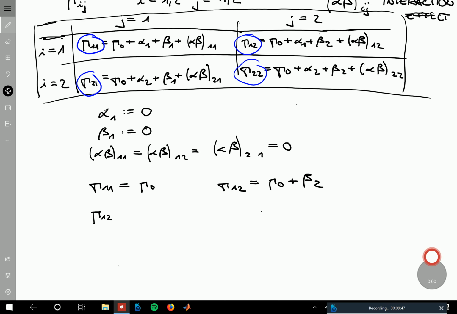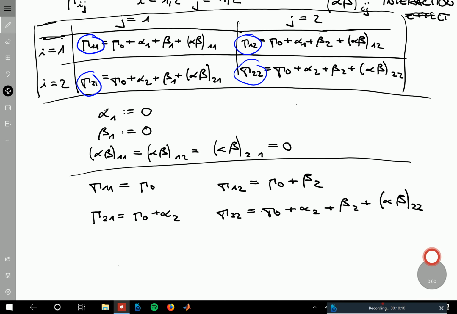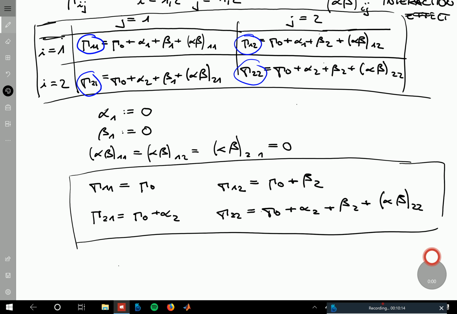Mu2 1, we have mu0 plus alpha 2, and mu2 2, we have mu0 plus alpha 2 plus beta 2 plus alpha beta 2 2. So that's the formulation of the expected values for the 2x2 ANOVA design with interaction.